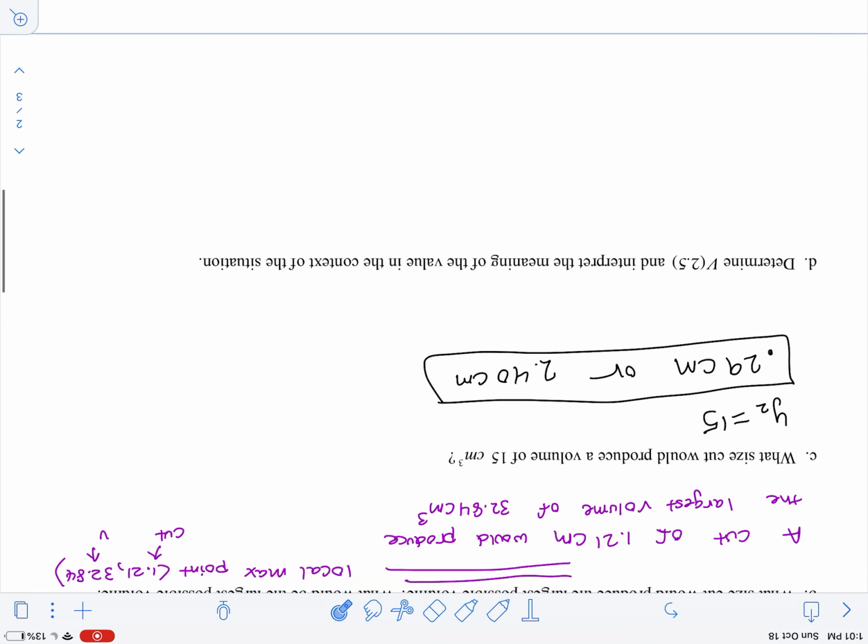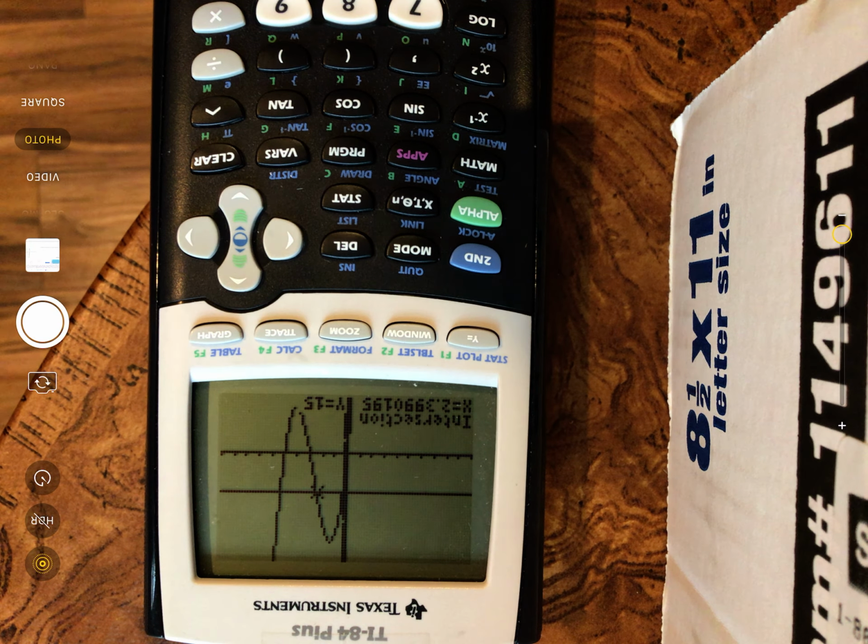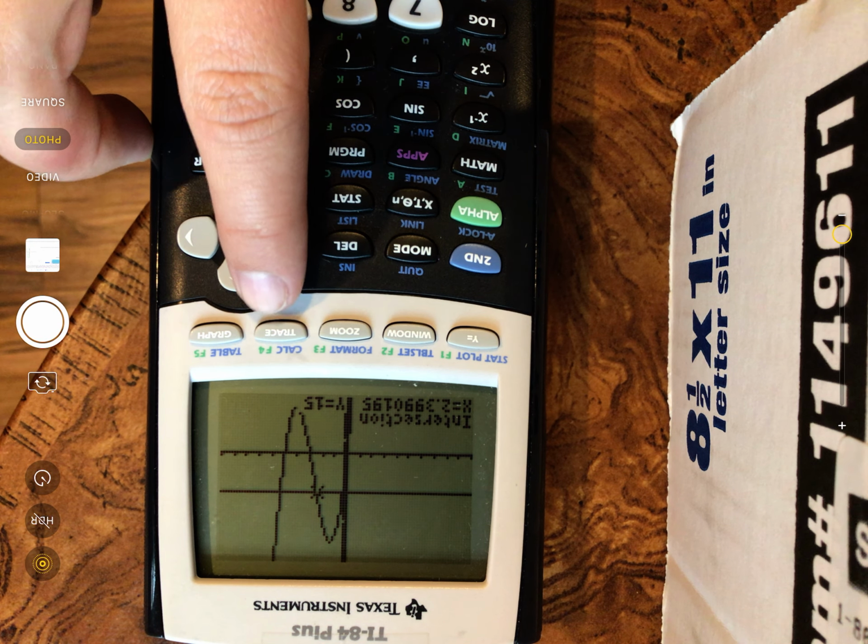All right, now the very last part says determine volume when x is 2.5. So first of all, think about what this is saying. We're going to substitute 2.5 for x. So that means that we are going to make a cut of 2.5 centimeters, and we're going to find out what is the volume. So on our graphing calculator here, I'm going to use another feature in this calculate menu.